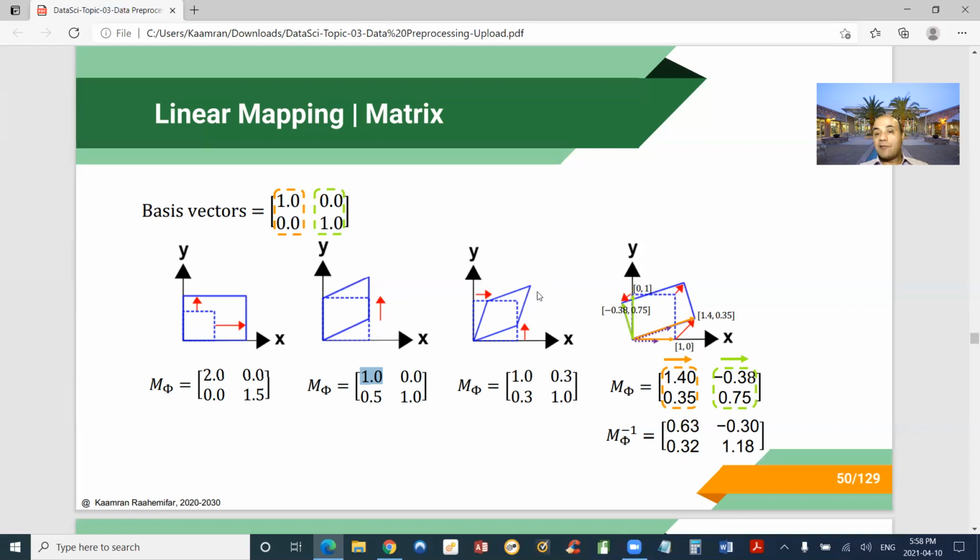You're skewing on both axes. This is what I was referring to as rotation, potentially, or expansion and rotation at the same time. What you can see is that I'm actually doing a scaling on this vector: 1.4, 0.35. So that's one. Take a look at this coordinate: 1.4 is here, almost a shadow here, and 0.35 is going to be here.